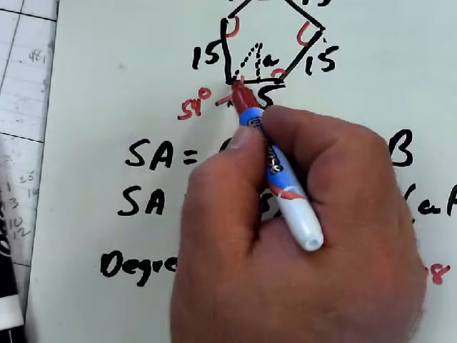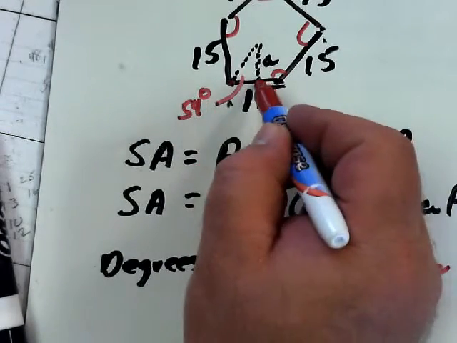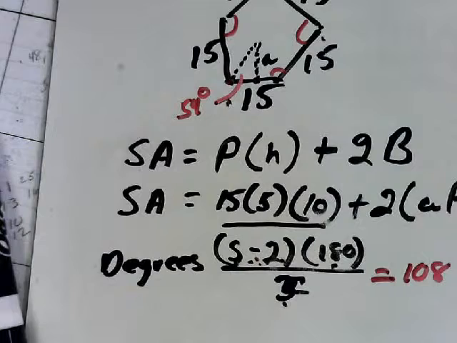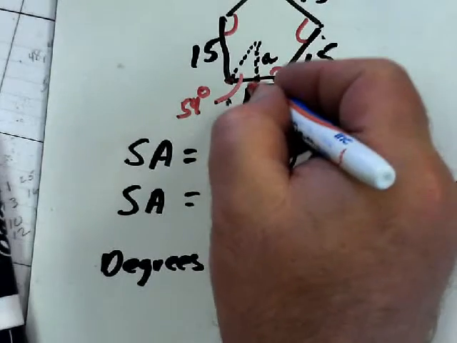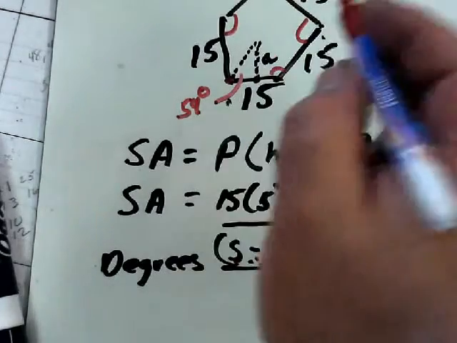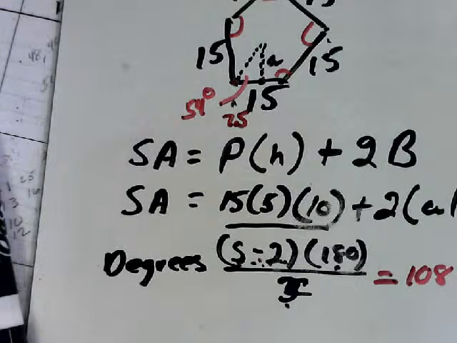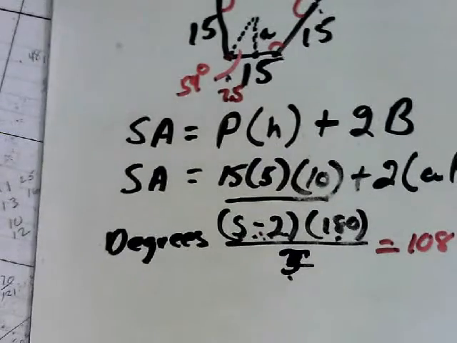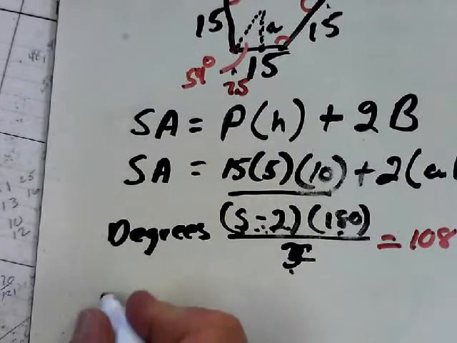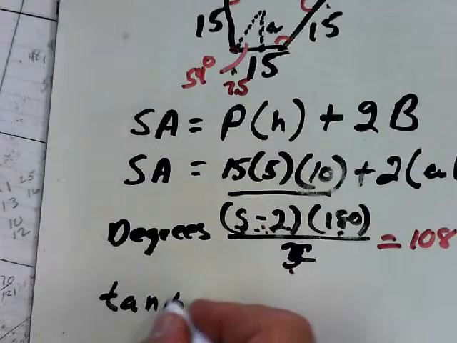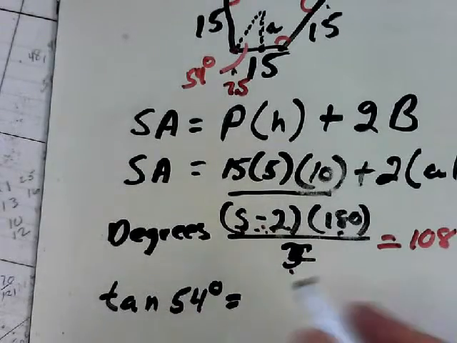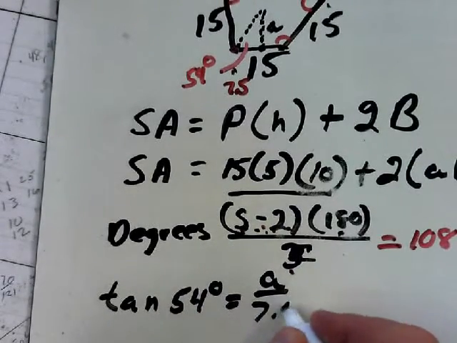What's the length of the side from here to here on that triangle? 7.5. How can I find A? The tangent of 54 degrees would equal A over 7.5.